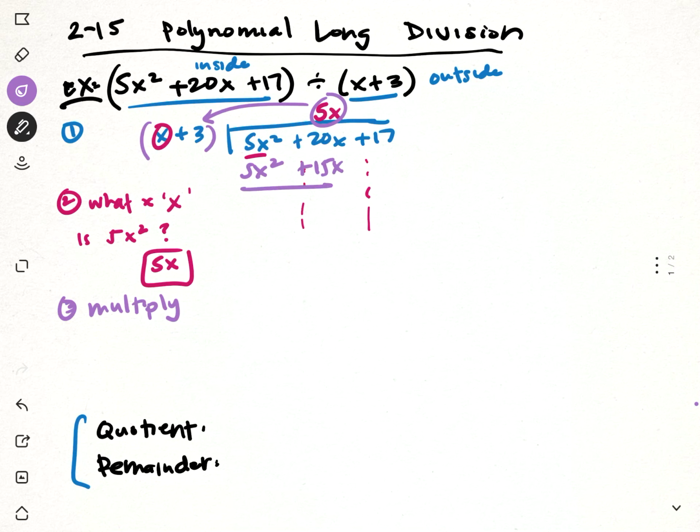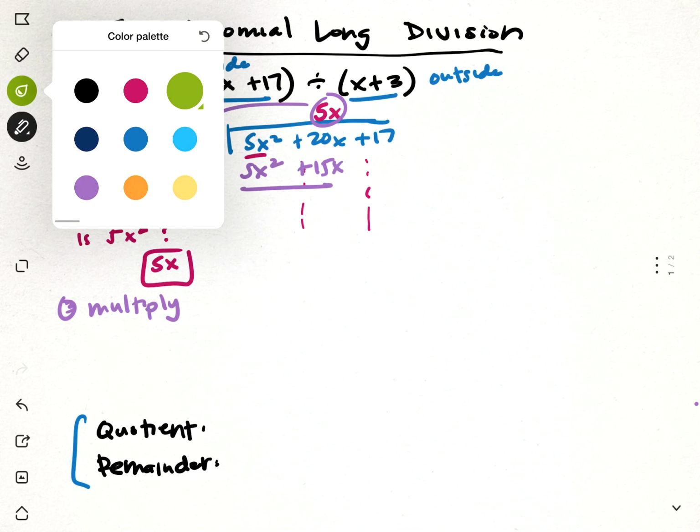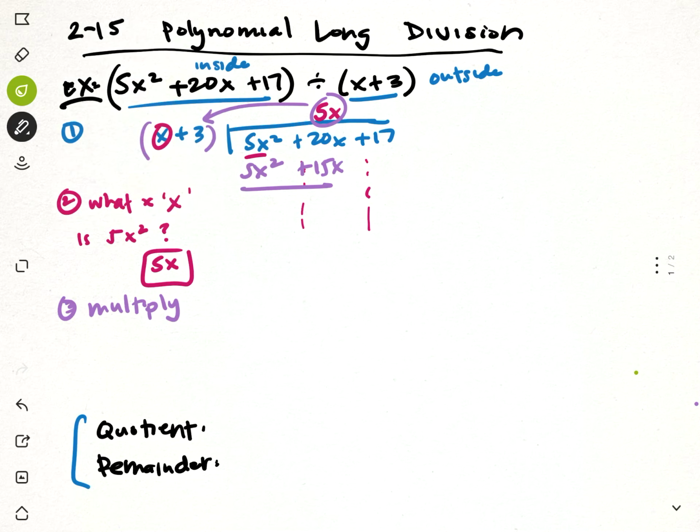Right, so we're going to multiply, that's that step. And then what we're going to do here is subtract. I like to put parentheses around it with the minus sign, just to remember we're subtracting both of those things. So 5x squared minus 5x squared, that's gone, that's 0. It's perfect, that's exactly what should happen every time.